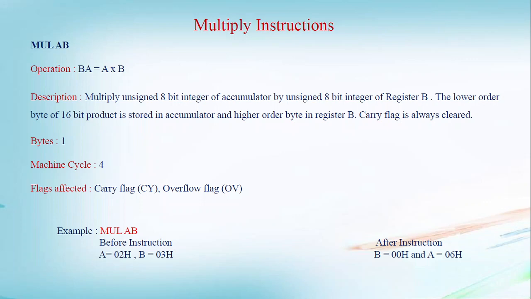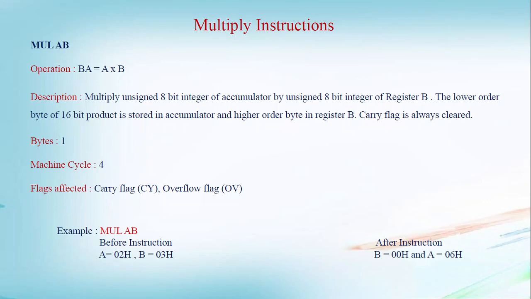Example, MUL AB. Before the instruction, consider A equals 02H and B equals 03H. We can say the multiplication of 3 and 2 will become 6.